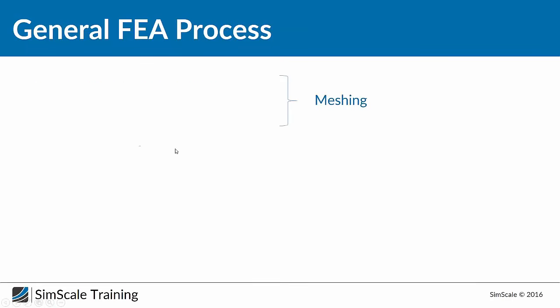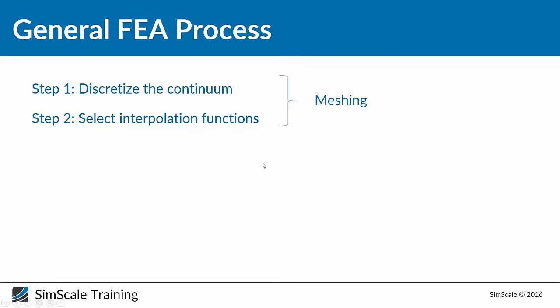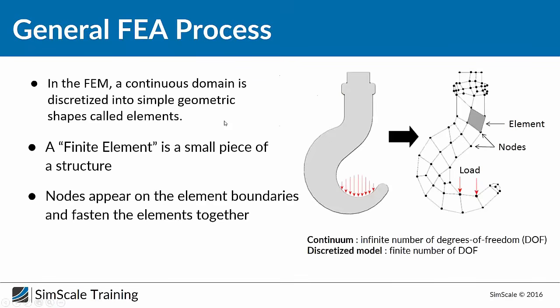And if we take a look at what we have to do in order to run the FEA simulation, we have some steps. First of all, we have to discretize the continuum and select so-called interpolation functions. We need these interpolation functions for a very special reason.